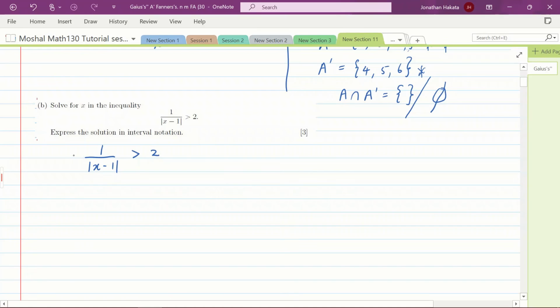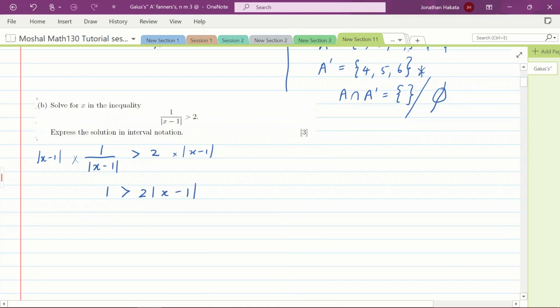We multiply both sides by the common denominator. We multiply this side by modulus of x minus 1, and also multiply this side by modulus of x minus 1. So eventually you end up with 1 greater than 2 modulus of x minus 1.